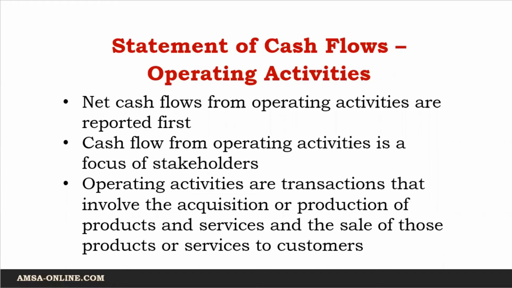Creditors use cash flows from operations to assess if operating activities are generating enough cash to repay future obligations. In the long term, a company cannot survive without generating positive cash flow from operating activities.